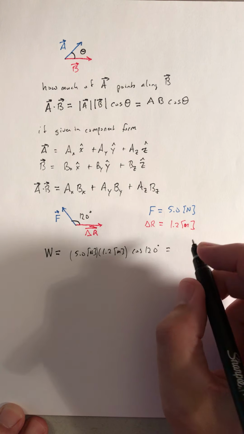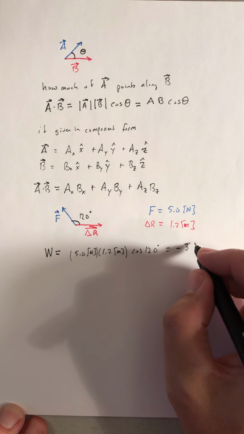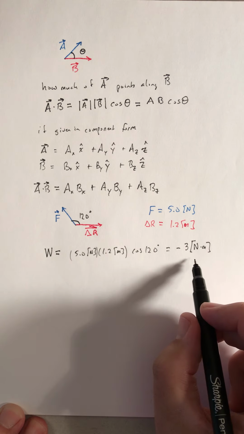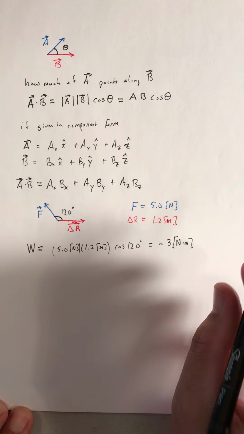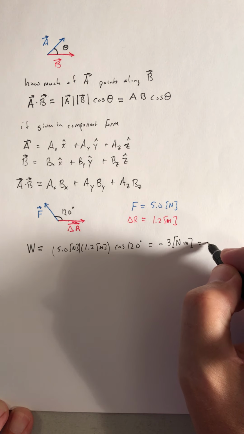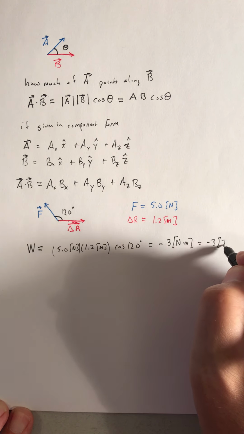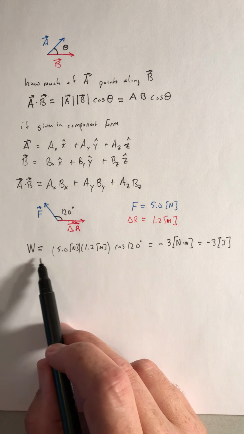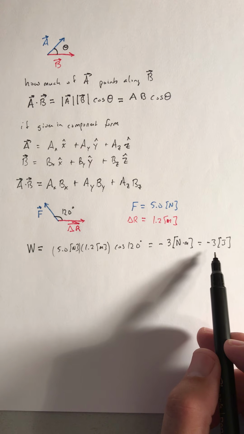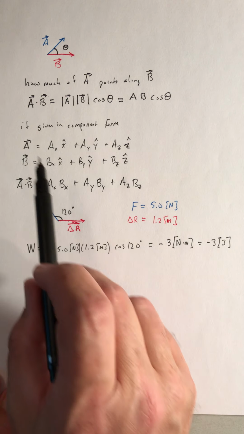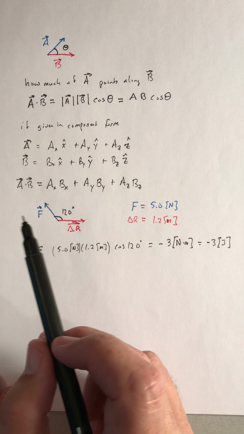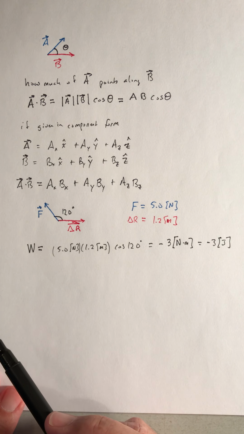And that's going to work out to minus 3 newton meters, and a newton times a meter is our unit of energy, so that's minus 3 joules. And it's perfectly fine to have work done be negative. That means an object is going to slow down. It's perfectly fine to have a dot product that's negative. That means that at least part of A points in the opposite direction of B.